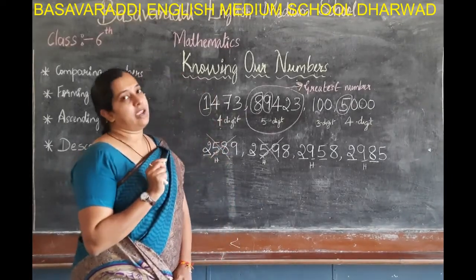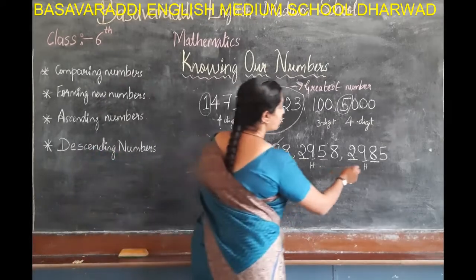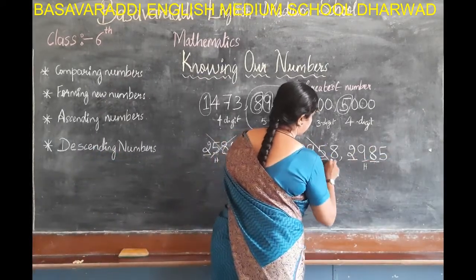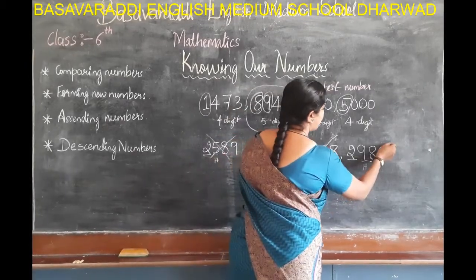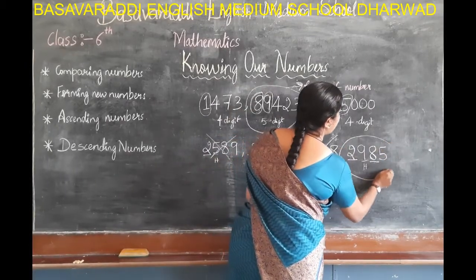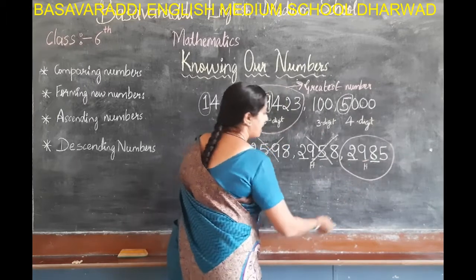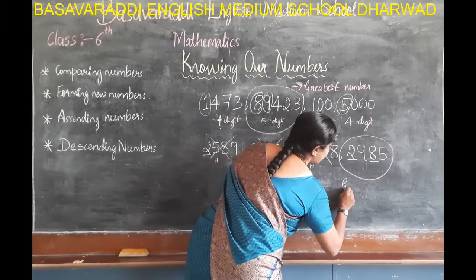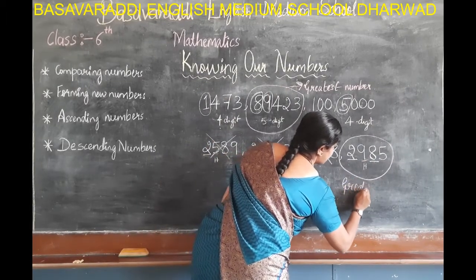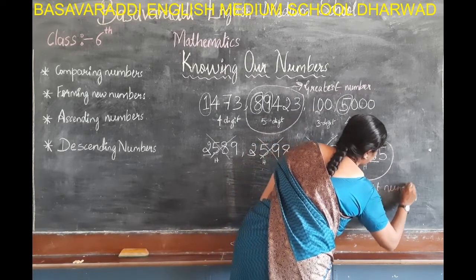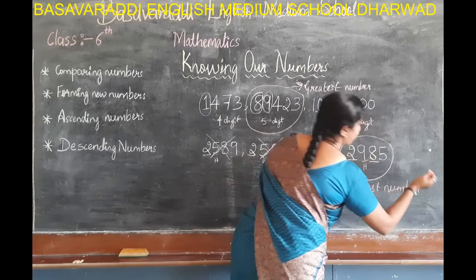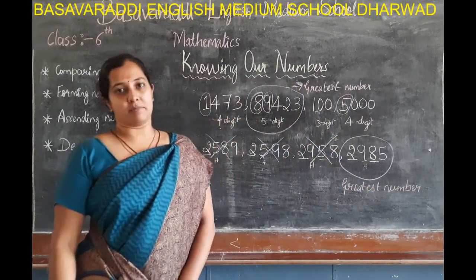Obviously 8 is greater. So this is not the greatest number. The greatest number is 2985. It is the greatest number.